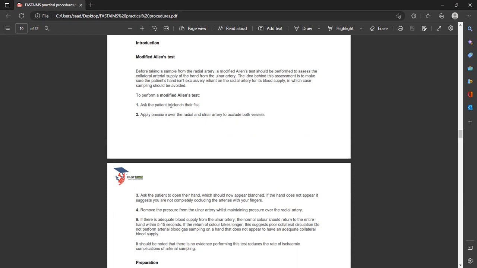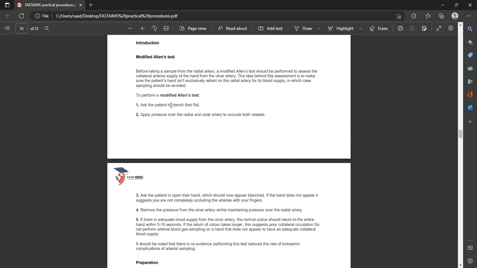This is one way. You just have to verbalize this. I am going to do the modified Allen test. Could you please make a fist and then press it? I'm going to release pressure from one side of your hand. Okay, so that's how I will check ulnar patency. Just do this and move forward.